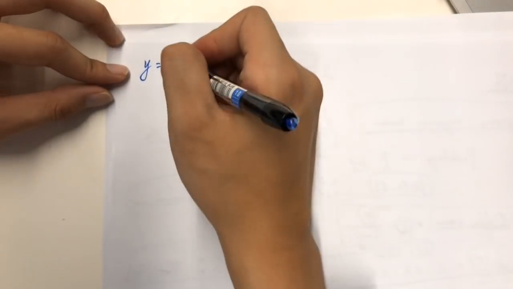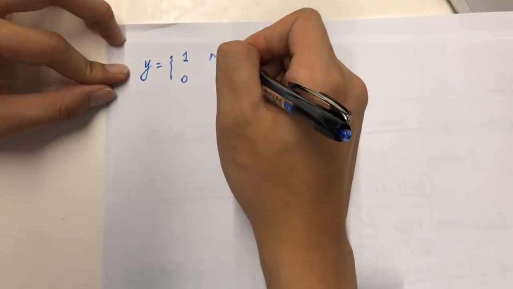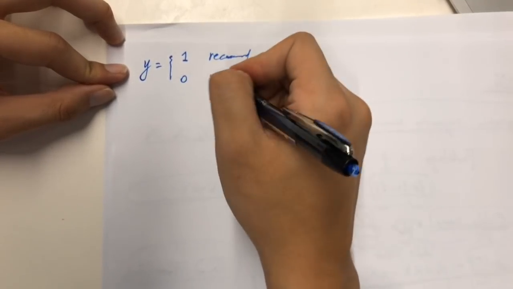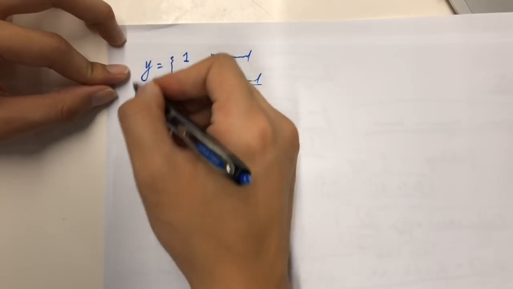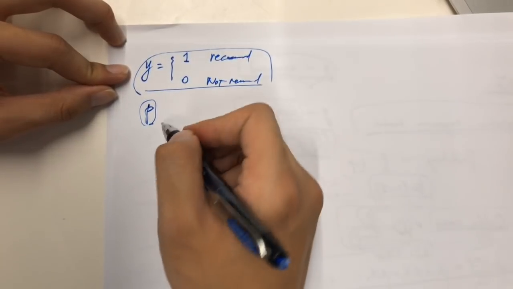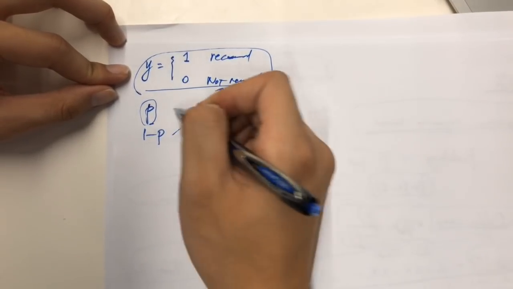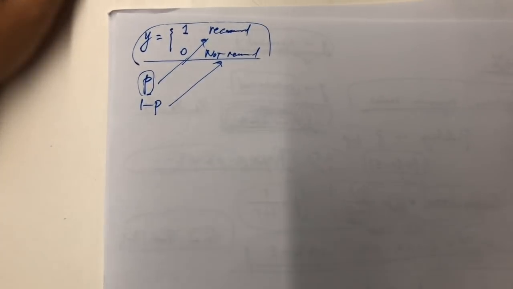It is going to ask whether you are going to recommend a course to your friends. So y can equal 1 or 0. 1 can be recommend to your friends, and 0 can be do not recommend. Basically, we can define the probability of recommend to be p, and 1 minus p is the probability of not recommending this to your friends.